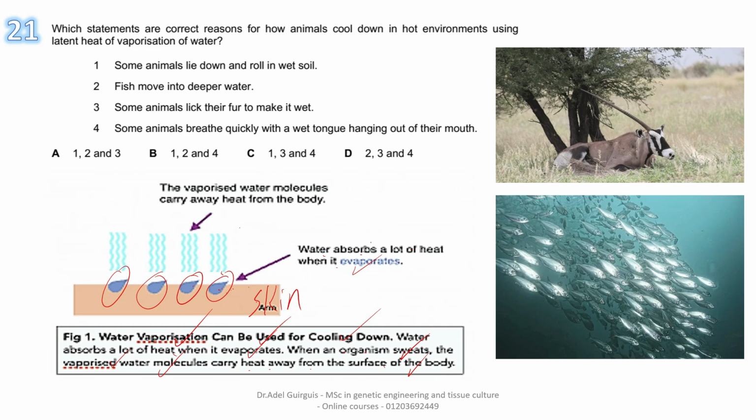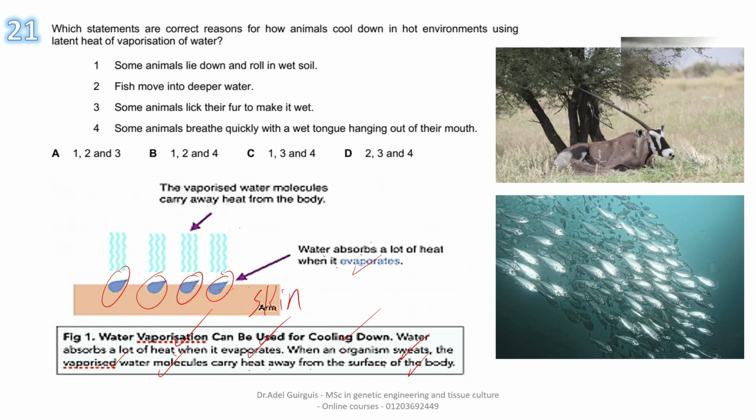Also, fish live in water, which is characterized by no fluctuations in its temperature. No very large variation between the water at the surface and water deeper. So that's not the answer. Fish move into deeper water.